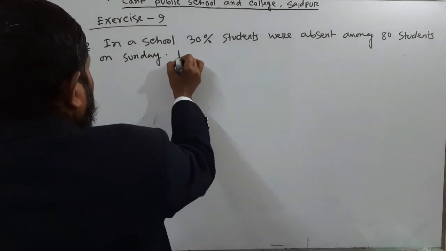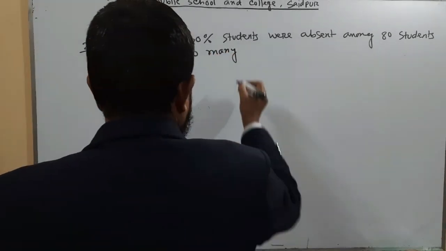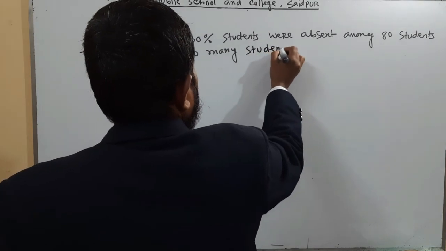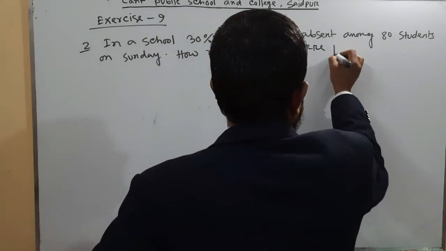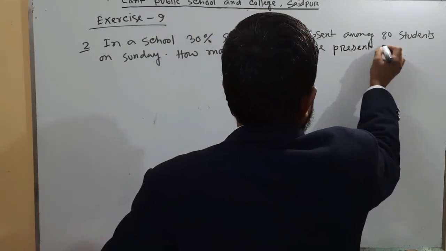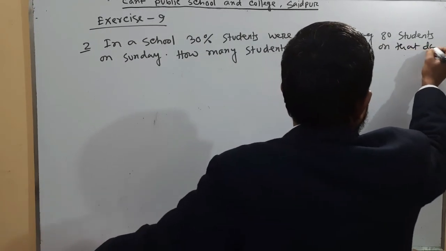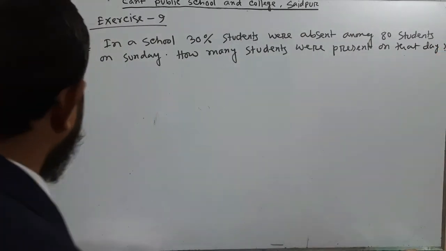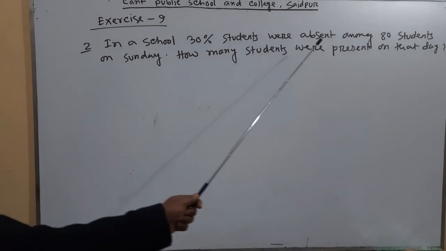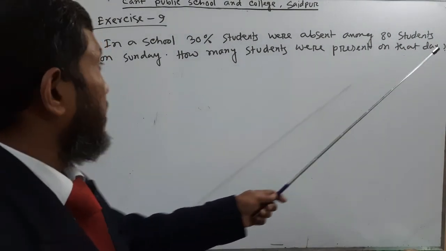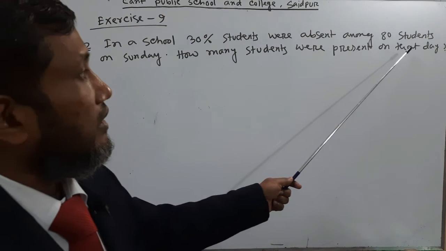How many students were present on that day? I am reading this again. In a school, 30 students were absent among 80 students on Sunday, how many students were present on that day?